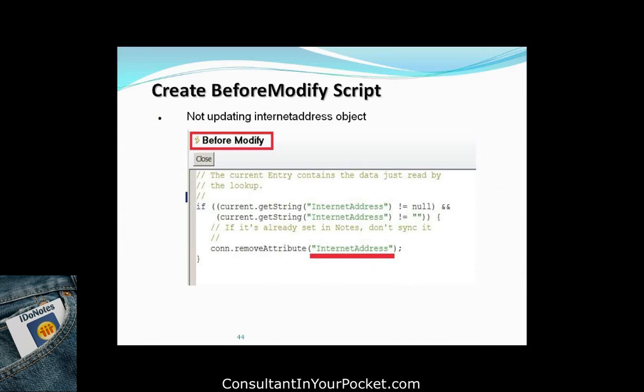As we said earlier, we want Domino to be the owner of the internet address attribute, so to speak. So if that object in Domino is not blank, we don't want to do anything with it. So what we're actually going to do is remove that attribute so that it doesn't sync at all.